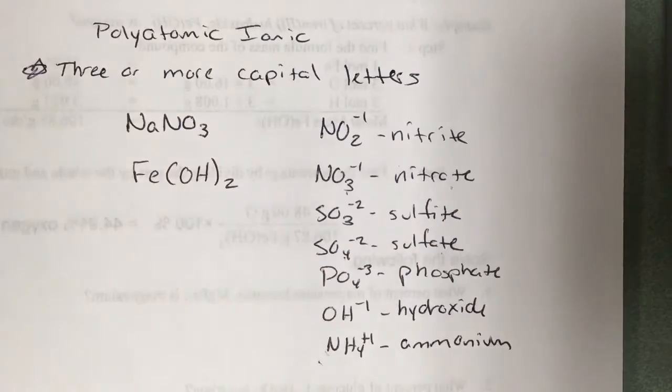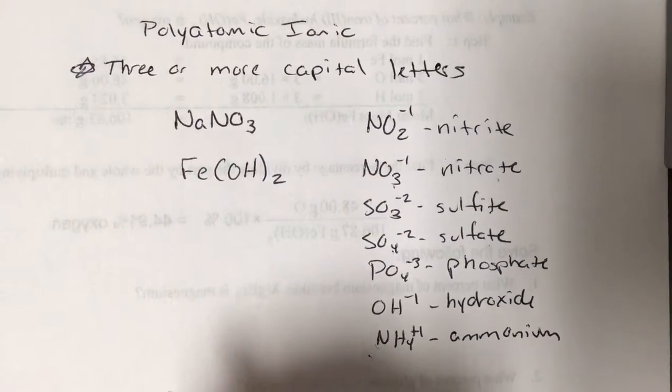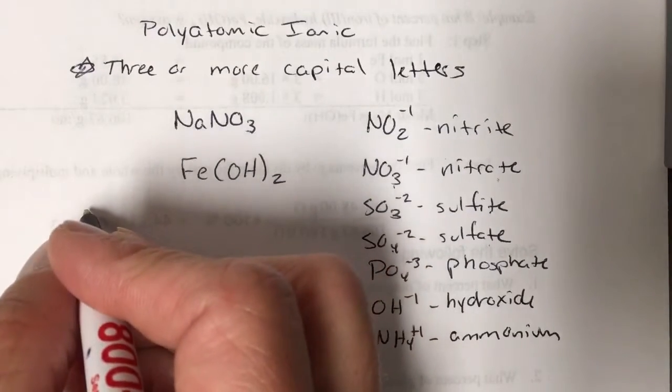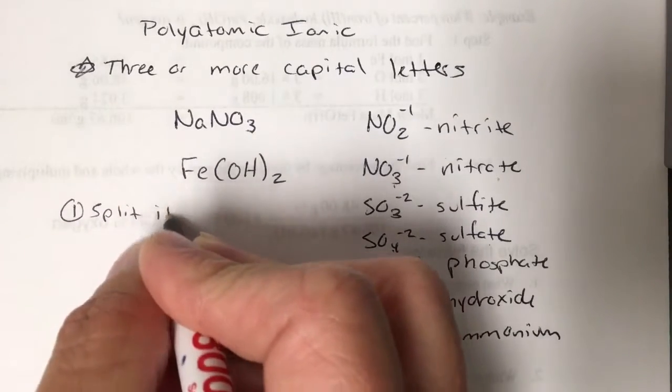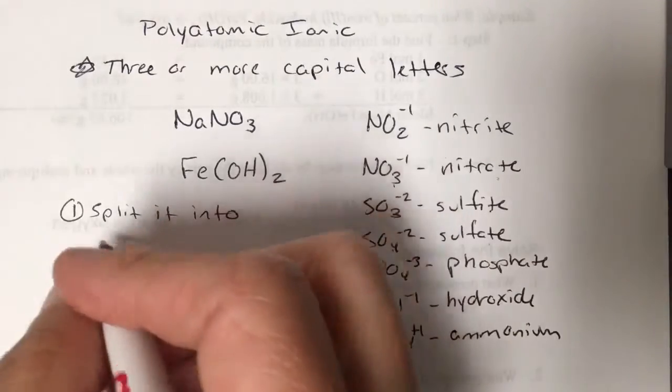These are the ones I expect you to know. You need to know their formulas, their names, and their charges. The nomenclature rules for these are similar to the binary ionics, except we don't have to change any endings. So we're going to split it. Not necessarily in half this time, but into positive and negatives.